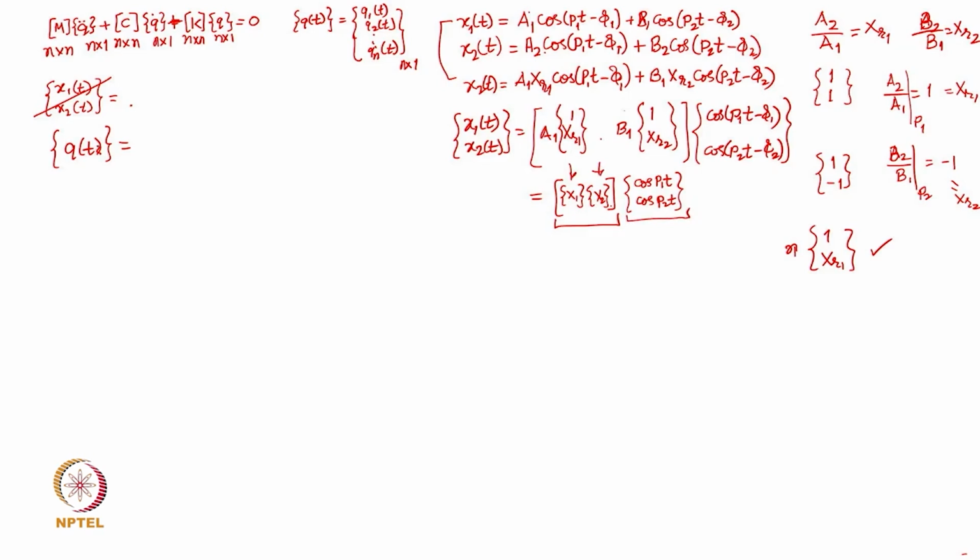So, in a similar line I can write this q(t) as a set of modal vectors.